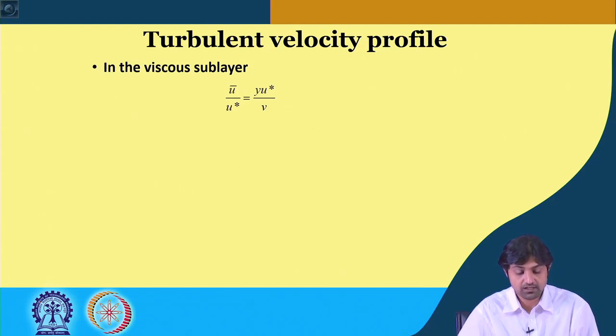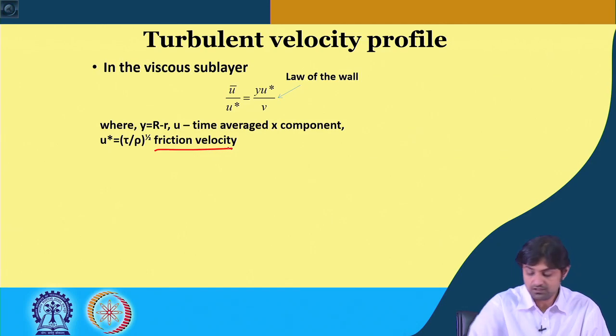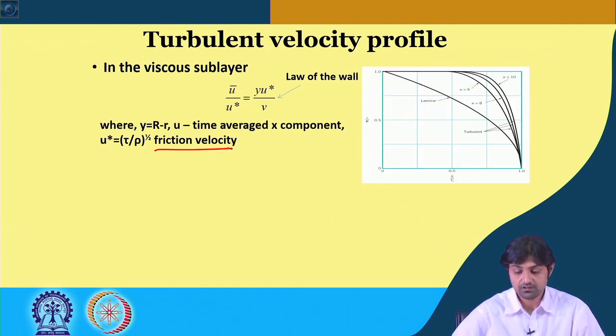In the viscous sublayer, we can write u bar by u star is equal to y u star by nu. This is called the law of the wall, where y is equal to R minus r. U is the time average x component and u star is (tau by rho) to the power half, also called friction velocity.